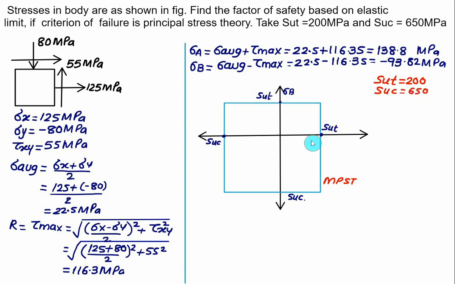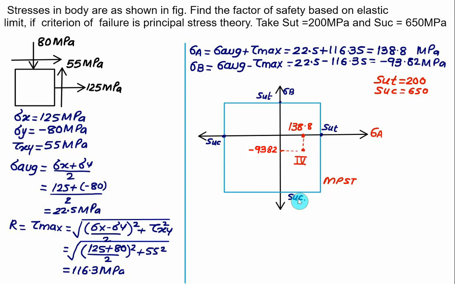Sigma A is positive, so we mark it on the positive sigma A axis, somewhere here equal to 138.8. Sigma B is a negative value, so on the negative sigma B axis we mark the second value, somewhere here equal to minus 93.82. If I extend this, our point will be in the fourth quadrant.